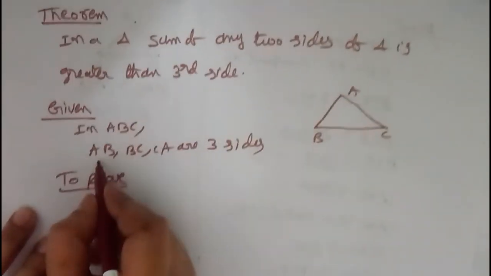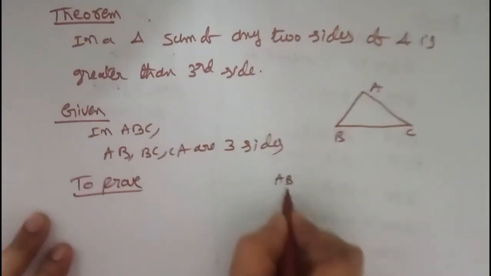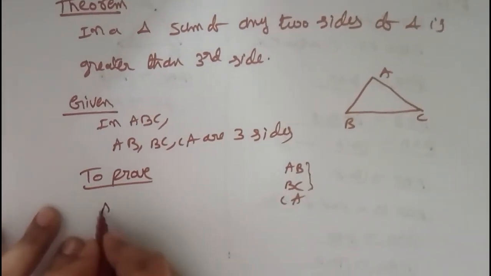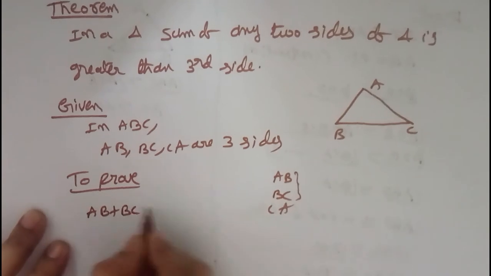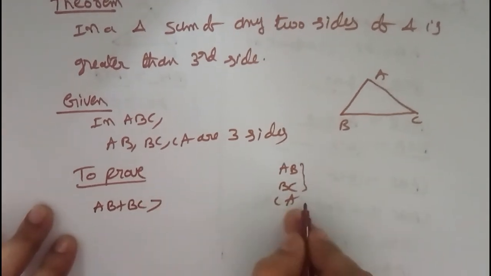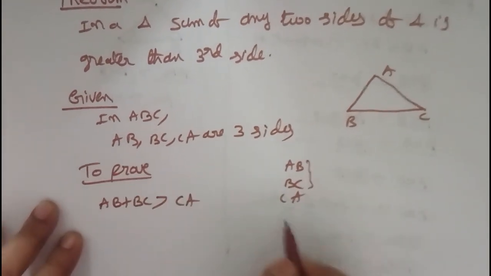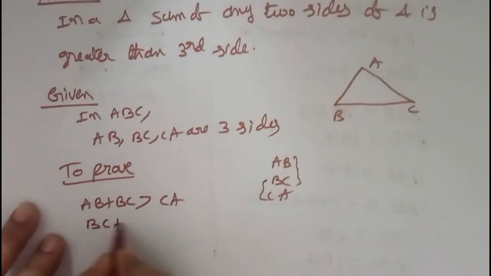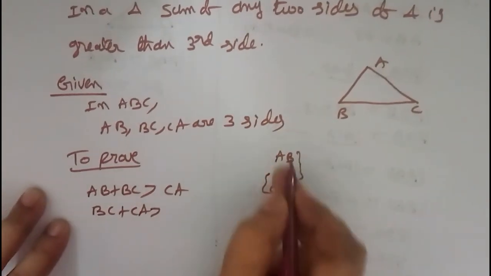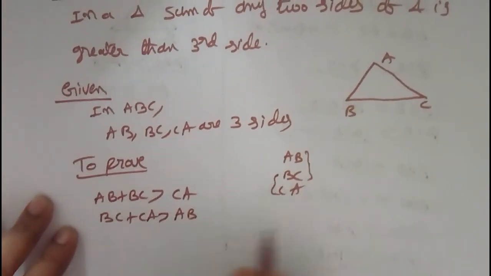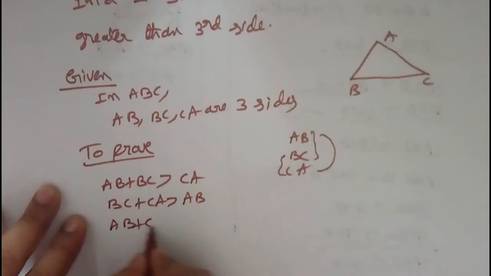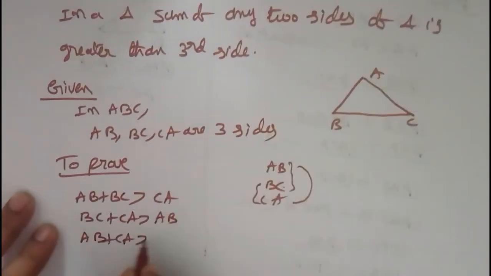AB plus BC is greater than the third side CA. BC plus CA is greater than the third side AB. AB plus CA is greater than the third side BC. This is to prove.